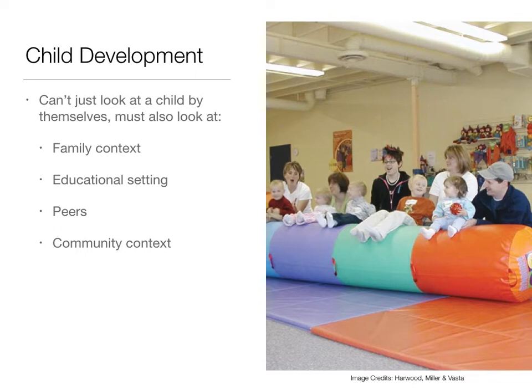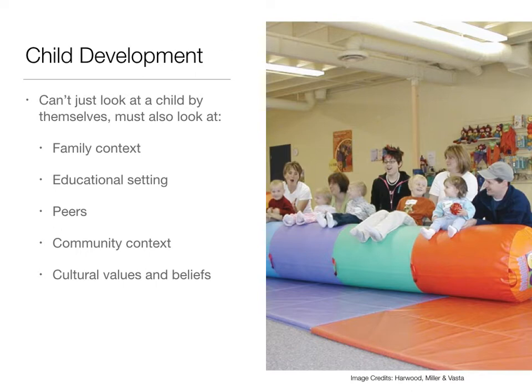What's the culture of that community, what are the norms of that community, the cultural values and beliefs? What does that culture value? What kind of behaviors does that culture value? What kinds of things are not allowed? All of those are important to look at this context that the child is growing up in.